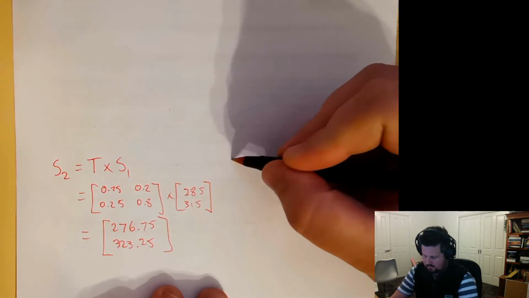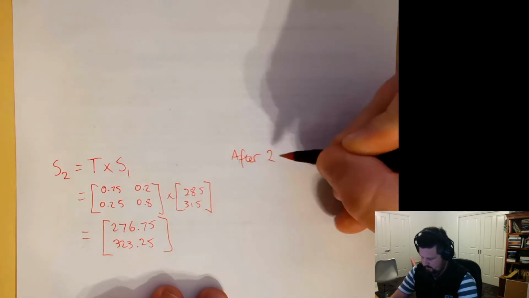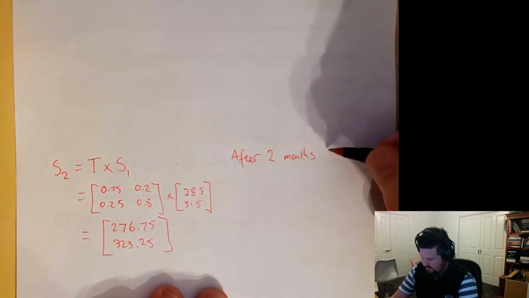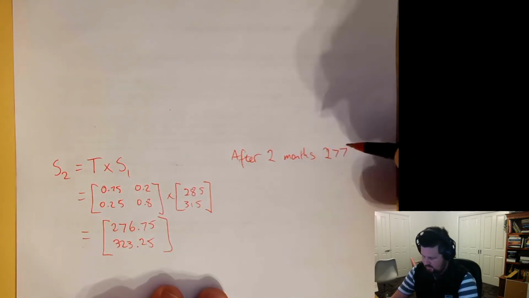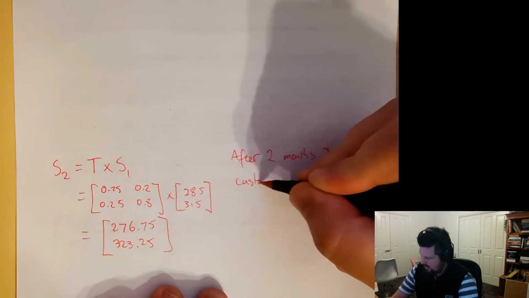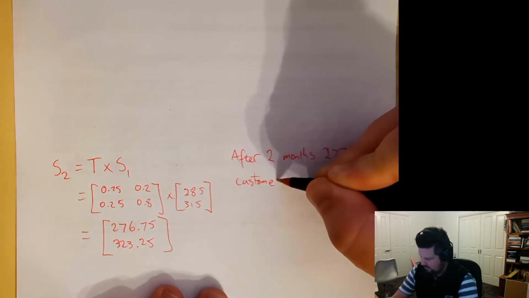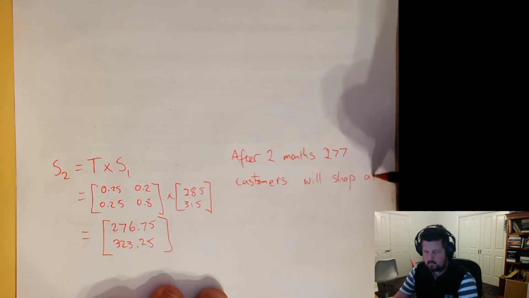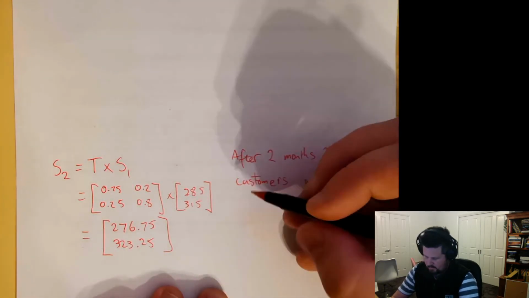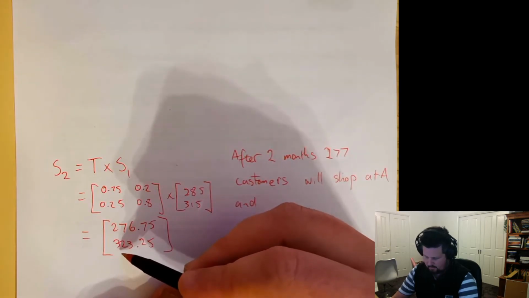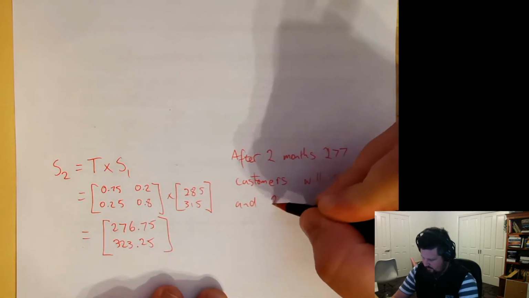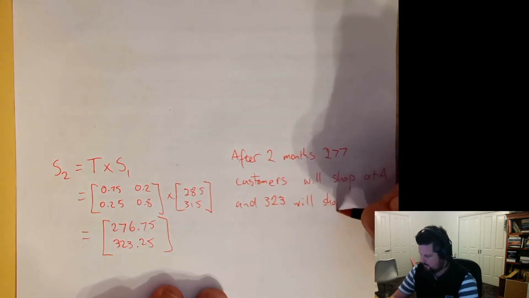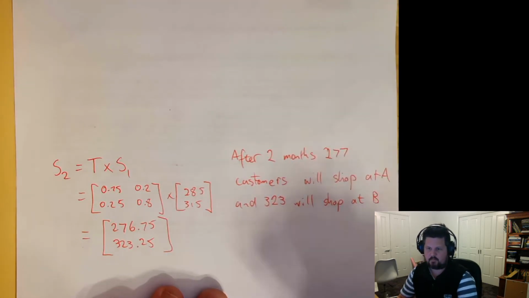So I'd say after 2 months, we'll round this to the nearest whole person. We'll say there'll be 277 customers still shopping at store A, and 323 will shop at B. Cool.